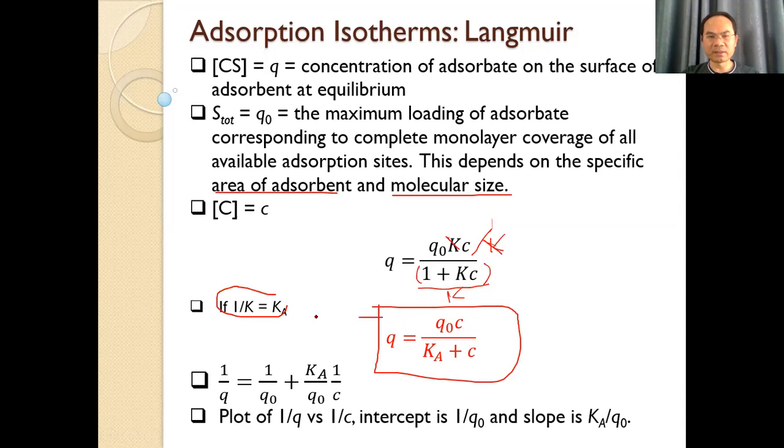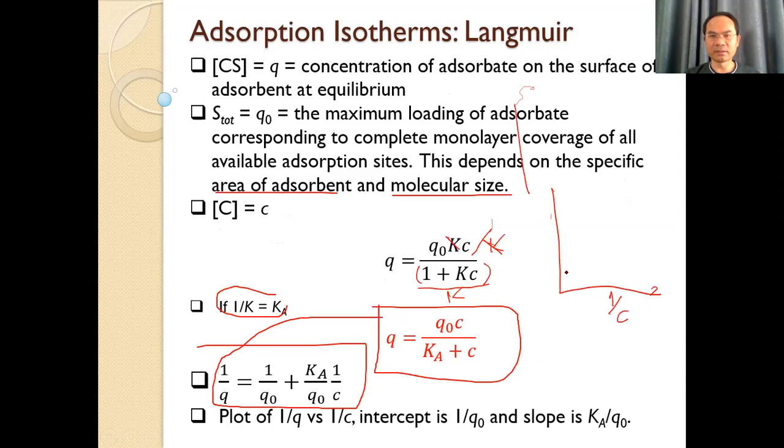You can also rearrange it into a linear equation like this. You can plot 1 over Q versus 1 over C. What is the slope? The slope is Ka over Q0, and the intercept is 1 over Q0.